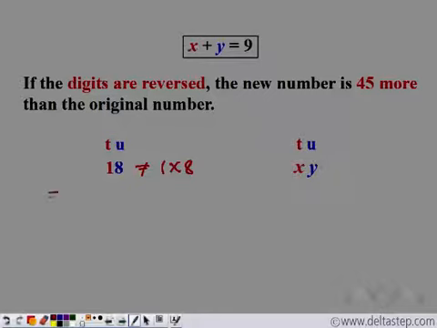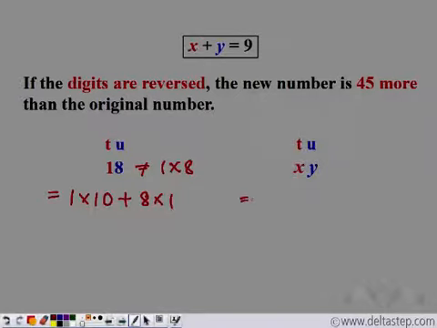Now we can write 18 as 1 into 10 plus 8 into 1. That is, the tens digit is multiplied by 10, the units digit is multiplied by 1, and both are added. So we can do a similar thing for this case.